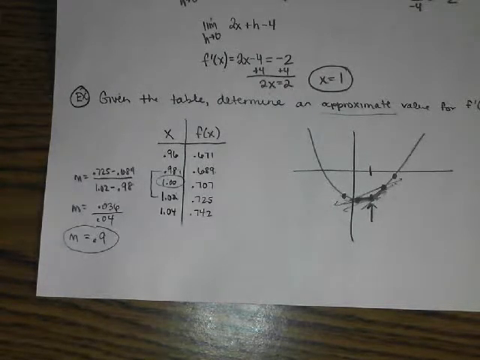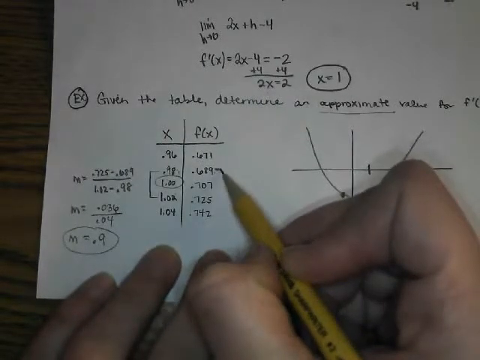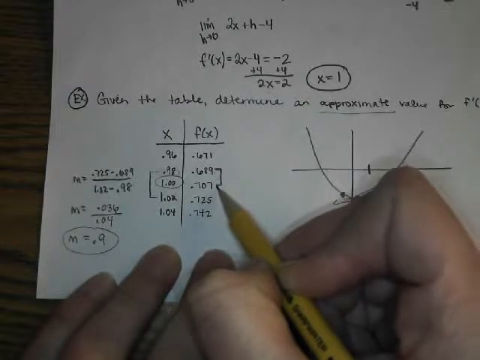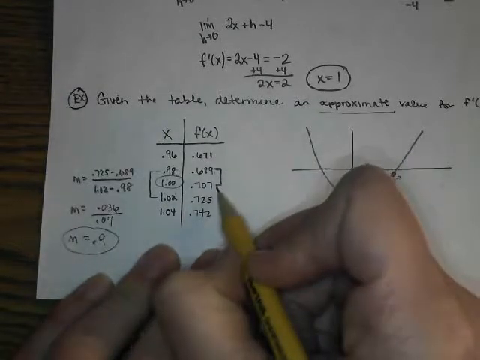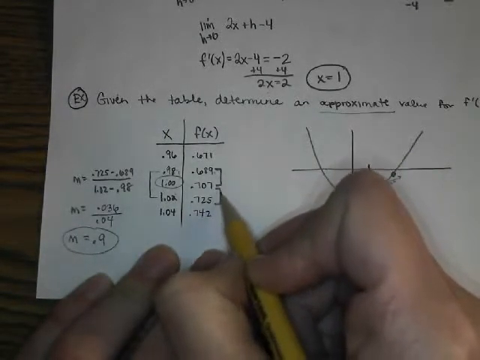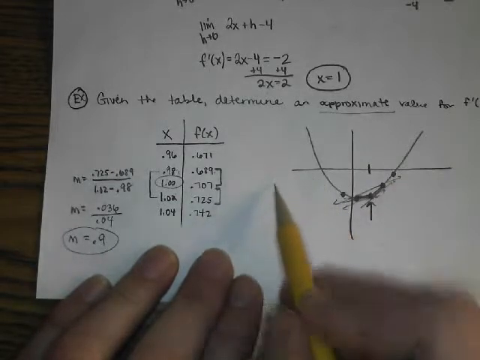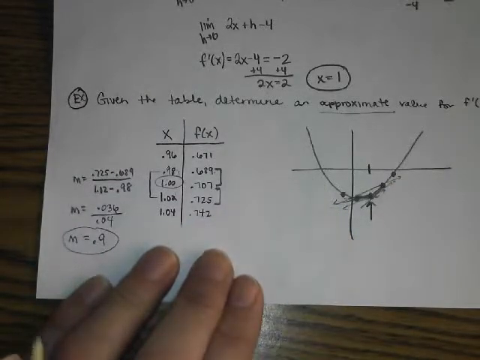And then the other thought was to find the slope twice. Once between these 2 points, and then a second time between these 2 points, and then take your 2 slopes and average them together. So your slope going into the point of interest, your slope coming out of the point of interest, and then the average of the 2 of them.